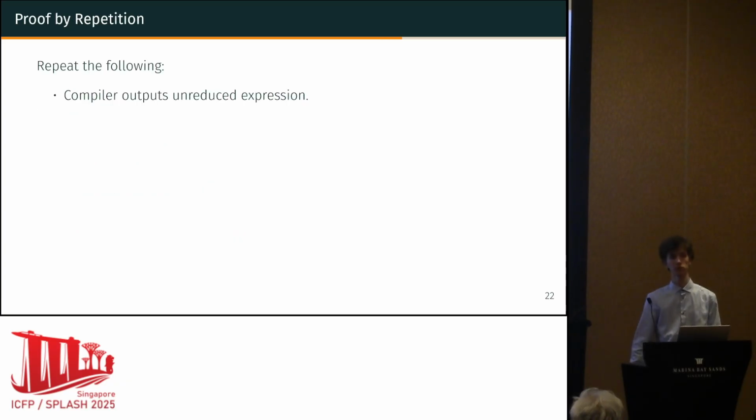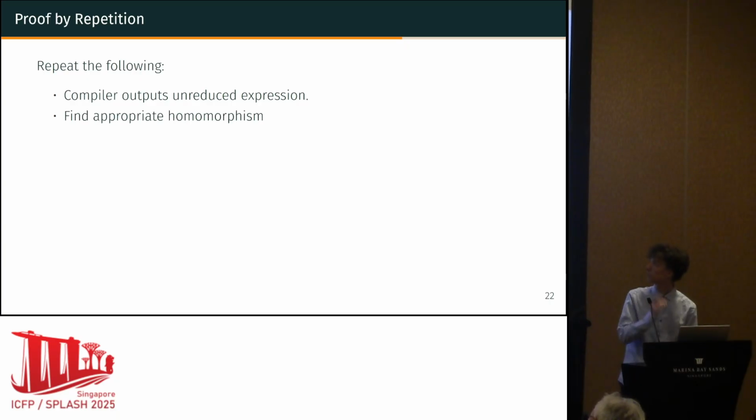However, I suppose that by now this approach is getting a bit boring, because we're going to actually repeat the same couple of steps very often now, which is simply that we'll note that the compiler produces some unreduced expressions in its output. Then we'll find the appropriate homomorphism to reduce these.